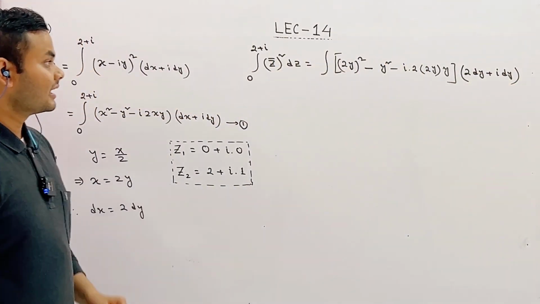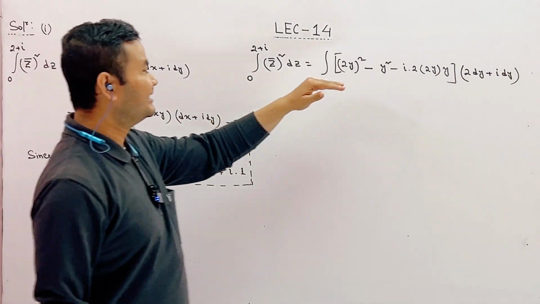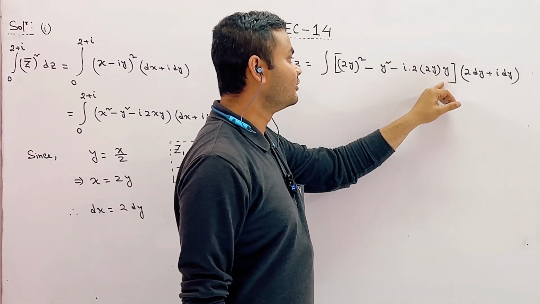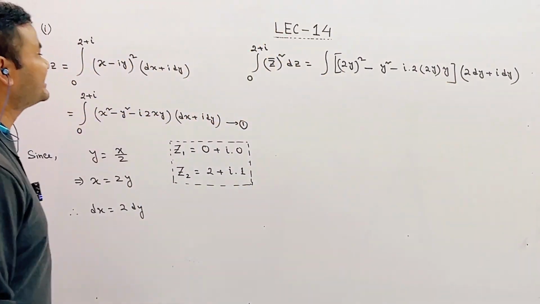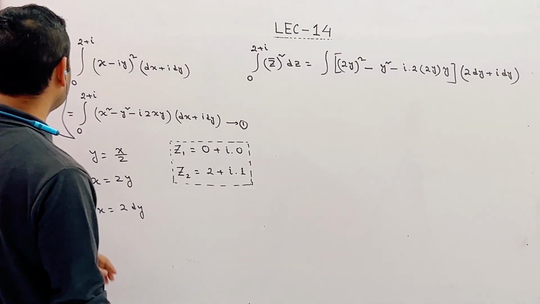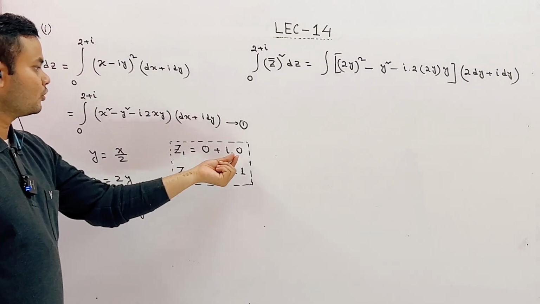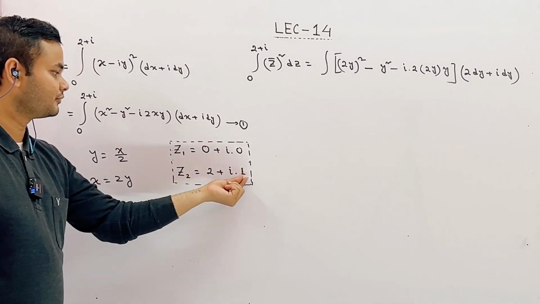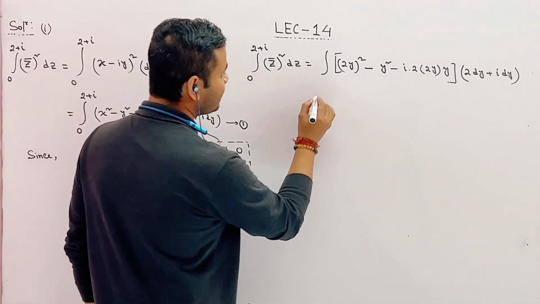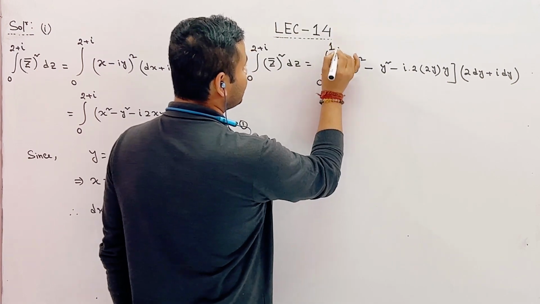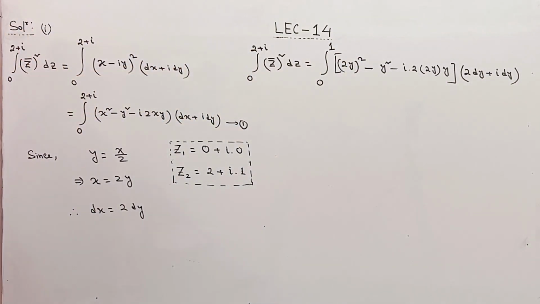Next, change the limits. Since everything is written in terms of y only, we have to change the integral from 0 to 1, because here y1 equals 0 and y2 equals 1. So the limit will be from 0 to 1.